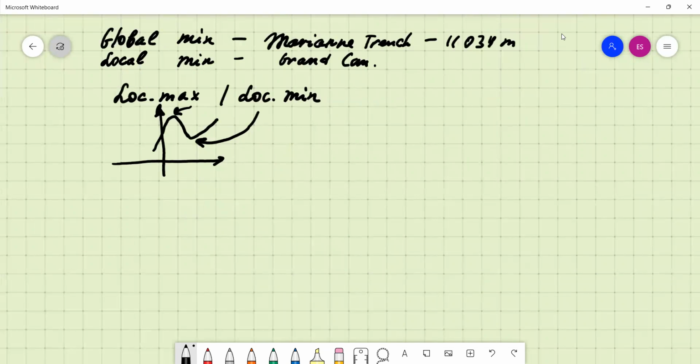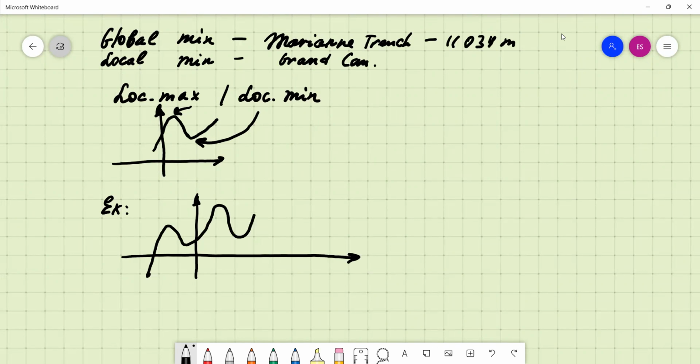I'm going to draw just a fake function where I'm going to label local and global minima and maxima. So for example, that's going to be just a graph of a function, and I'm drawing this graph just to show you something. Imagine that the graph looks like this. And yes, the picture does not have any continuation. It just ends at this point and ends at this point.